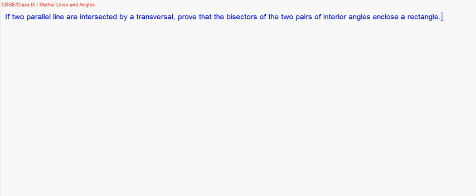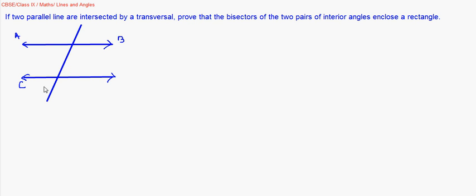Let's now draw the figure for the said question. These are the parallel lines which are now intersected by a transversal. Let's name them first. This is A, B, C, D. Prove that the bisectors of two pairs of interior angles.